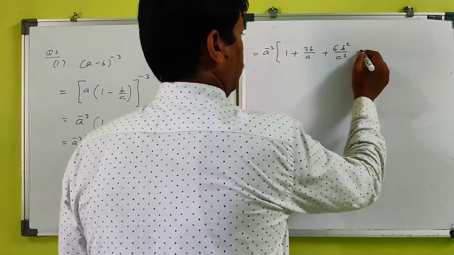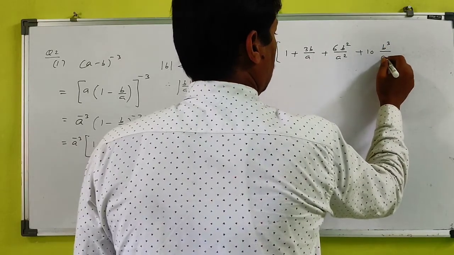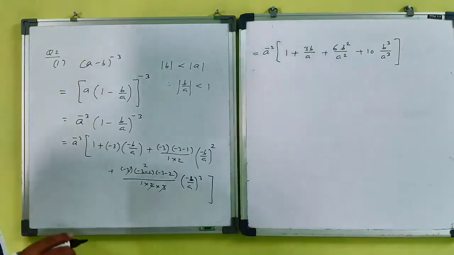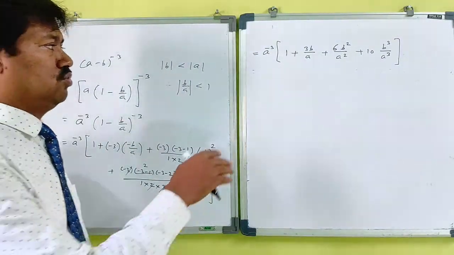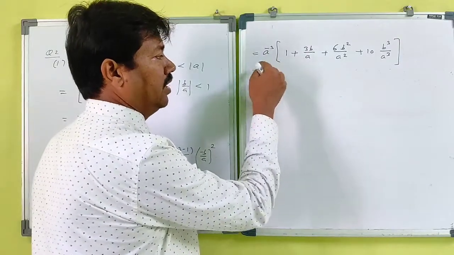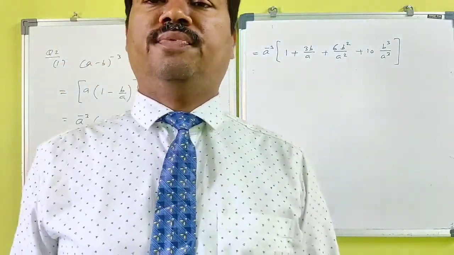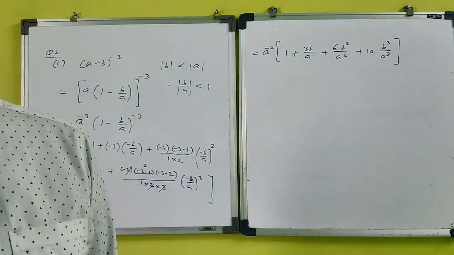It will be plus 10 b cube upon a cube. So this is the final expression for the first 4 terms. When a raised to minus 3 is taken common, you can write a raised to minus 3 with 1 upon a cube and multiply the bracket also. No issue with that. So like this we can find.